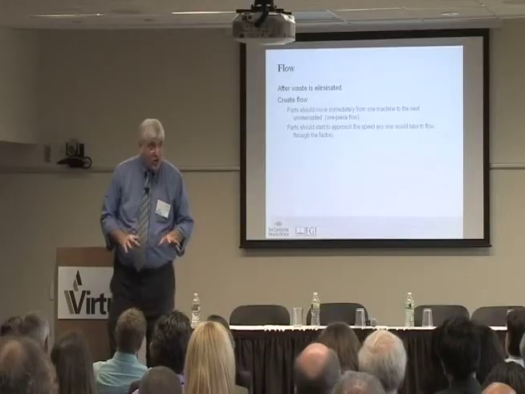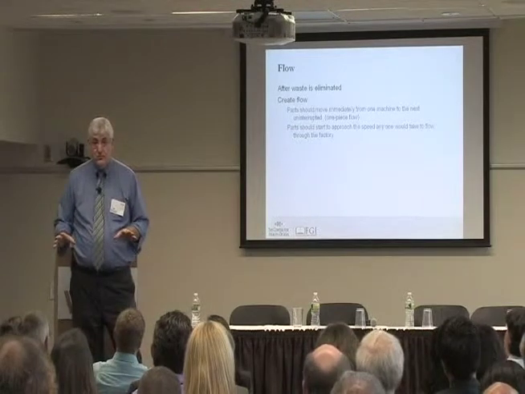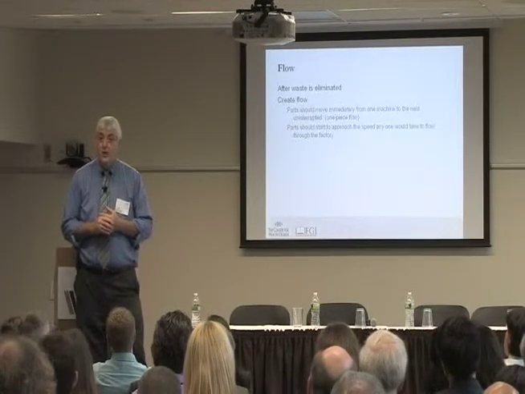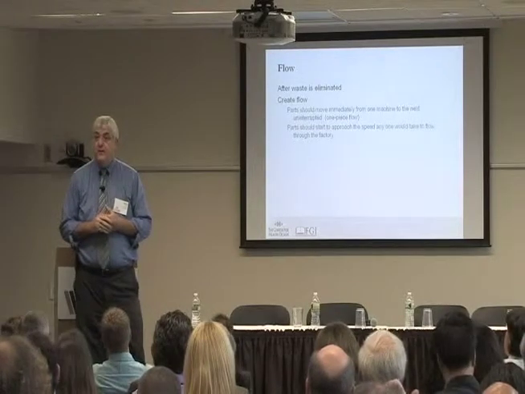Okay, so I struggle because I started out as a manufacturer, and it slips in every once in a while. And I understand that patients aren't products, but I still think some of these ideas are okay. And so when I go to a manufacturer, I say, if you only were going to produce one item in the entire factory, and it's just going to flow front to back as rapidly as possible, how long would it take? That's the baseline for flow, and you want to get down to that.